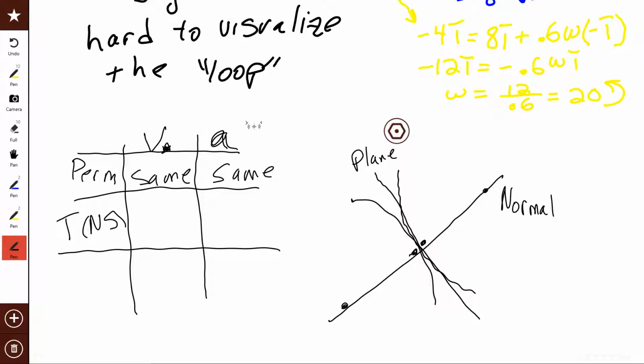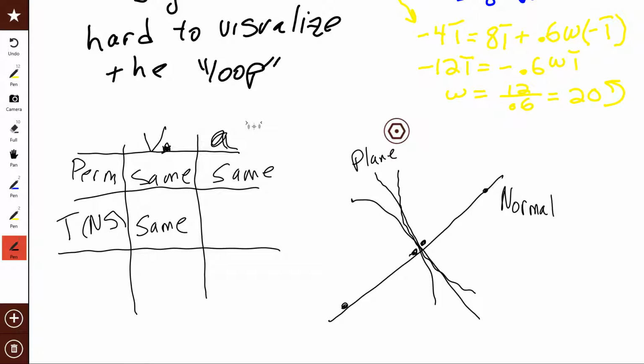Okay, now, what can you tell me about temporary contact, no slip, the velocities? Are they the same in all directions? Absolutely. What can you say about the accelerations? Here you have to be careful. They're not all the same. They're only the same in one direction.